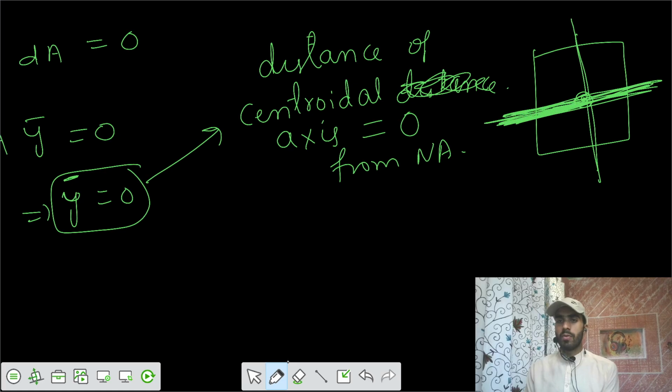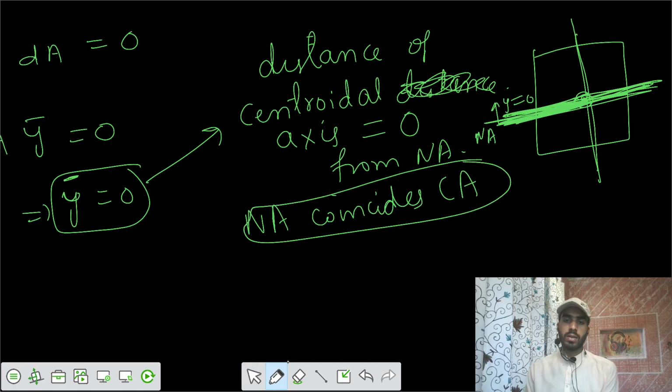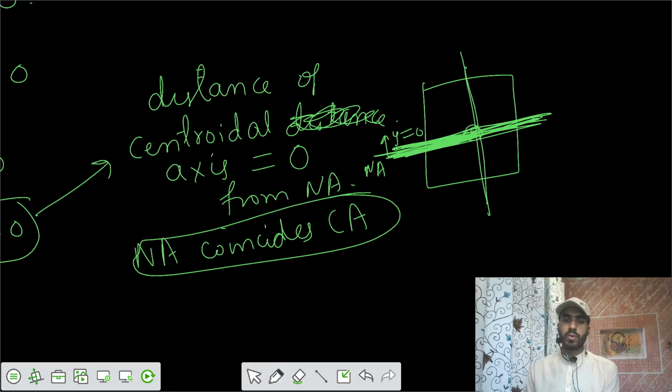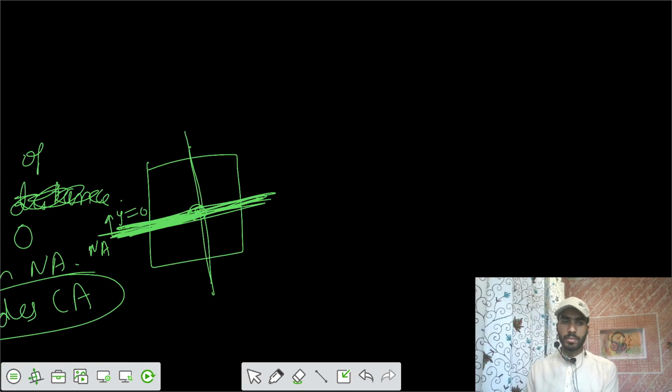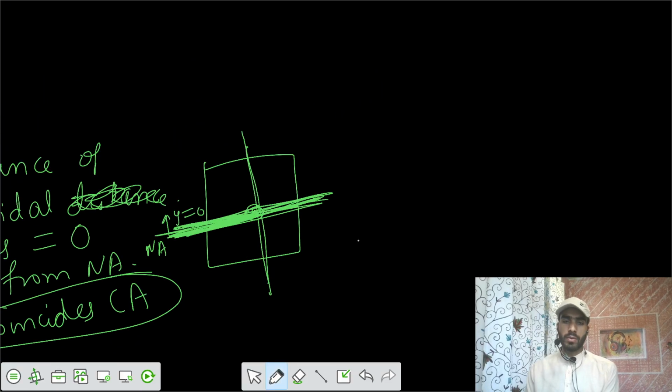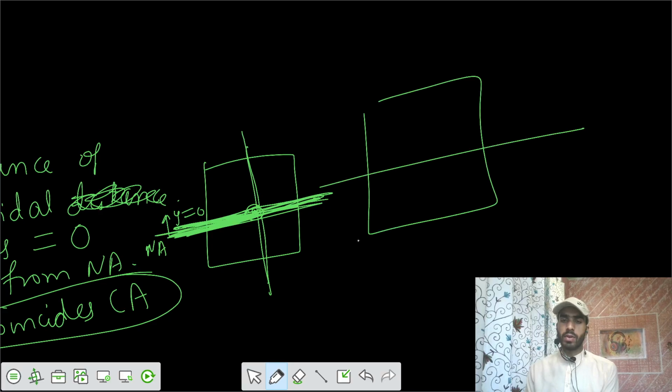If you go to a distance of y equals 0 from the neutral axis, you would receive the centroidal axis. That means the neutral axis coincides with the centroidal axis. If you say this is my centroid, that means it's also the neutral axis.